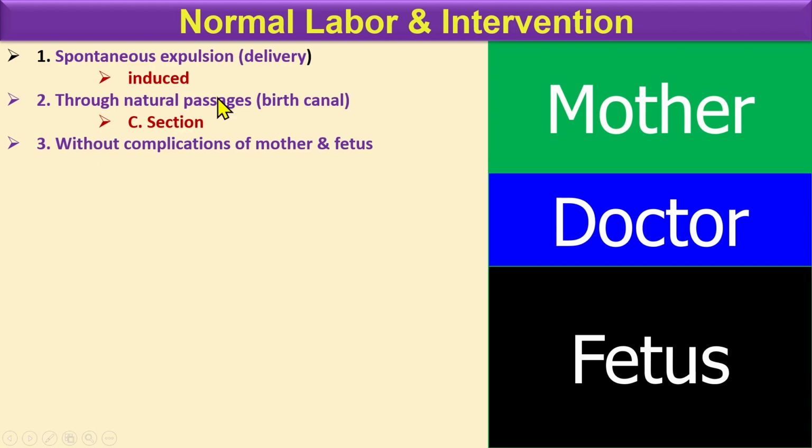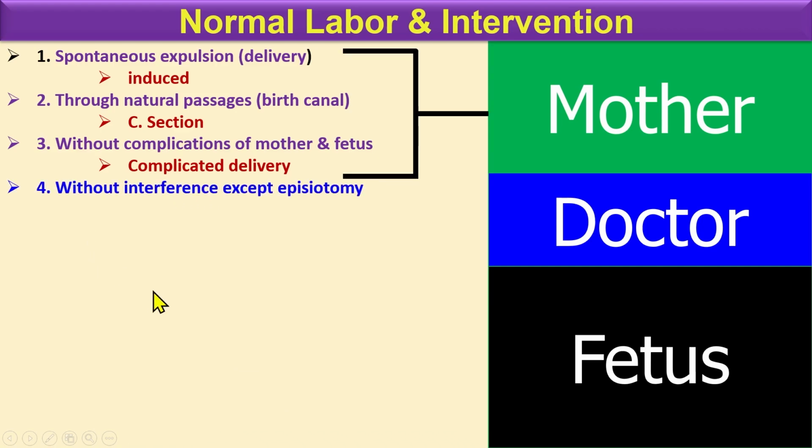If there is complication, we will not consider it normal. It's considered a complicated delivery, so we have to take action for the complicated delivery. The fourth is without interference. There is no doctor interference except episiotomy, so episiotomy is considered in normal labor.